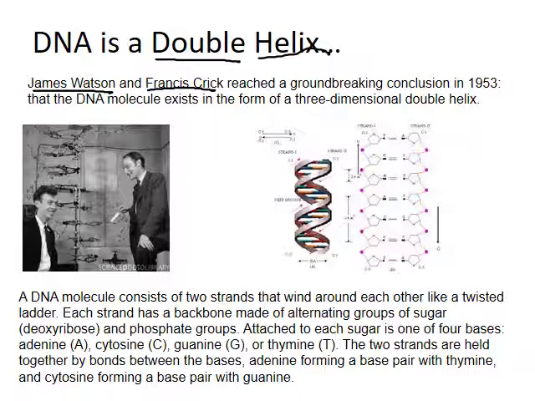So what we know by the double helix is that DNA is double-stranded. We know that each strand is alternating sugar, phosphate, sugar, phosphate, sugar, phosphate, which we call our sugar phosphate backbone.